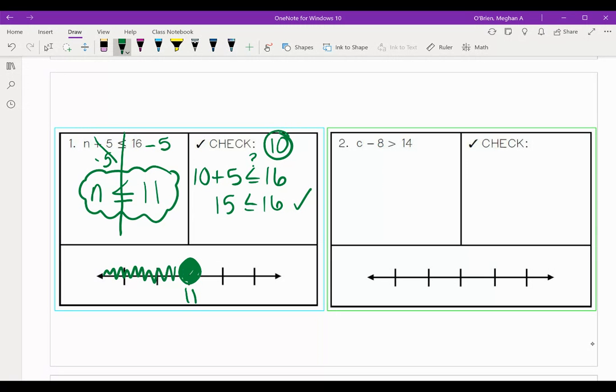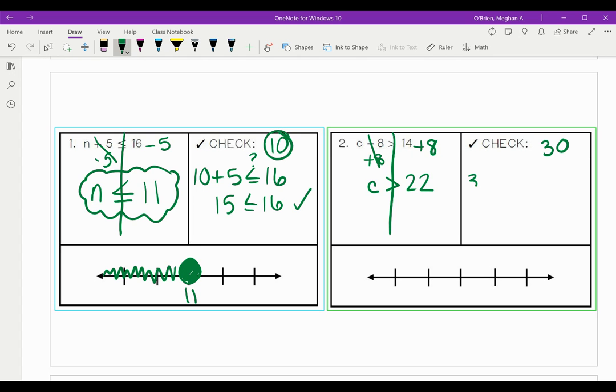Next one. C minus 8 is greater than 14. It's subtraction, so I reverse it by adding 8 to both sides. So C is greater than 14 plus 8, which is 22. Okay, so I think my solution is any number greater than 22 will work. Let's try it out. I will pick the number 30 because it's greater than 22.